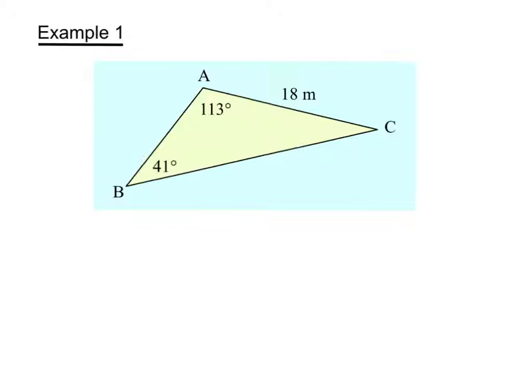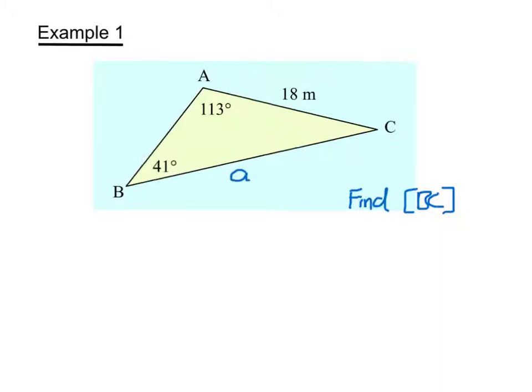In this example, we're given a triangle with certain information, and we're asked to find the length of side BC. Let's take a look at what we know. We know angle B is 41, we know angle A is 113, and we know side AC is 18 meters. Now I personally like to label the sides of my triangle so that they correspond to the angles.